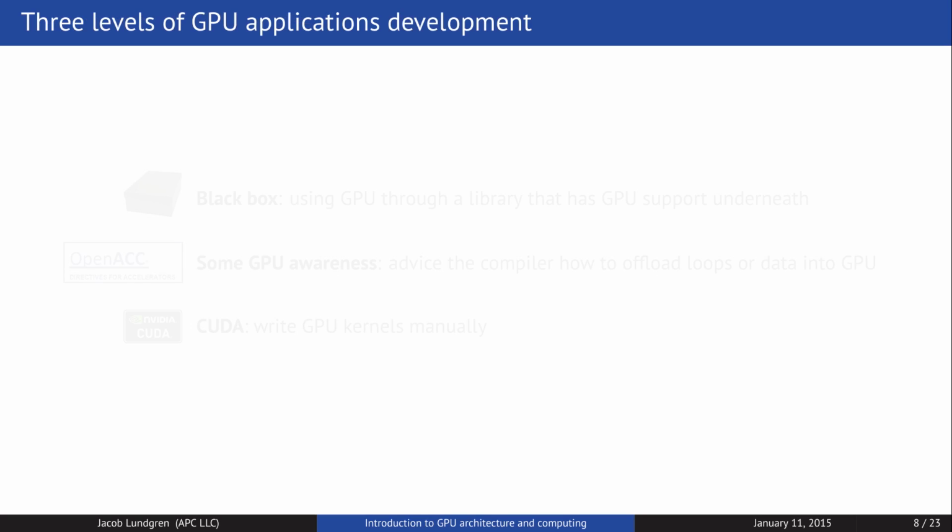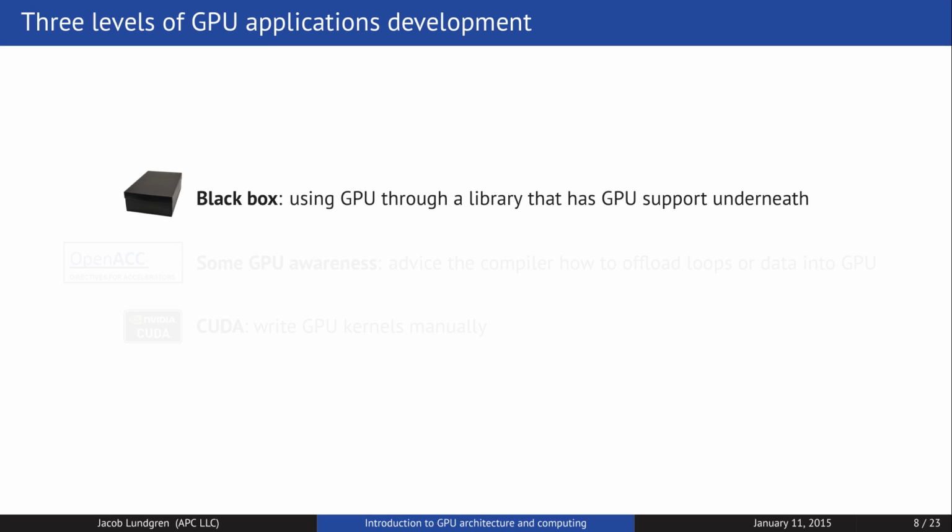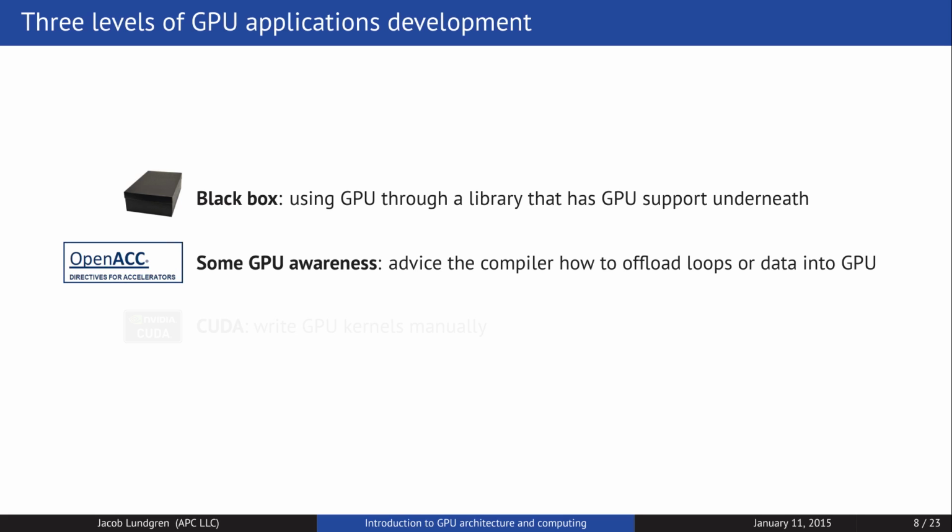Going forward, there will be three levels of GPU application development that will be useful to consider. At the top level, we have black box utilization, where you use a library which accesses the GPU itself, and you don't particularly need to worry about any specifics using the GPU. Going further, you have directive-based programming, for example, such as OpenACC.